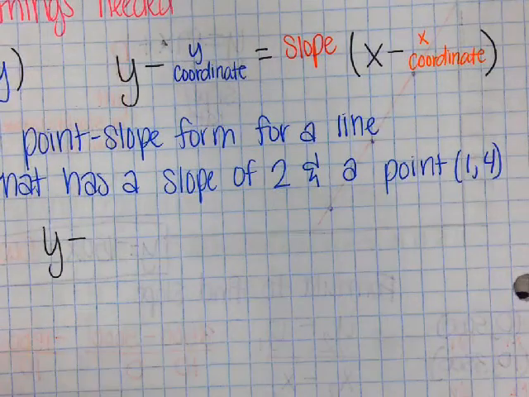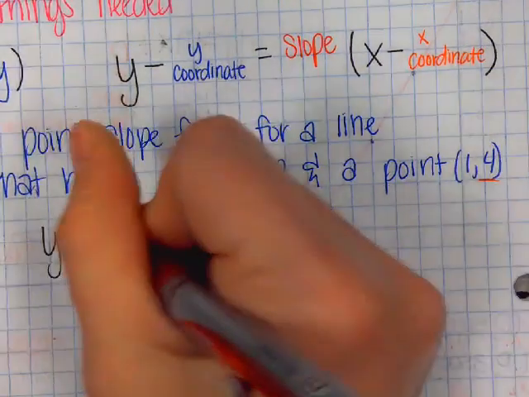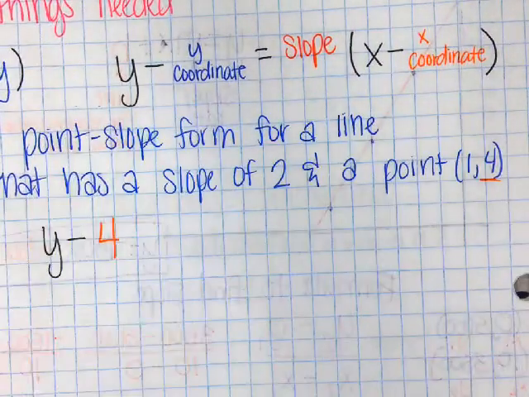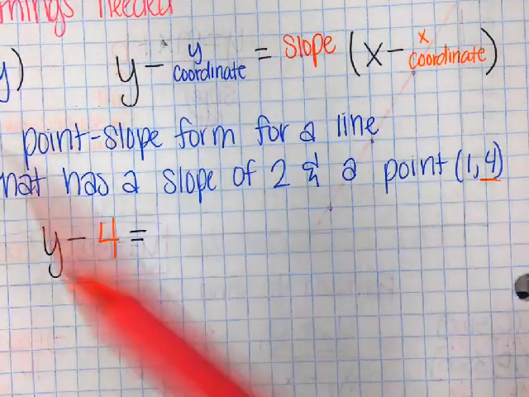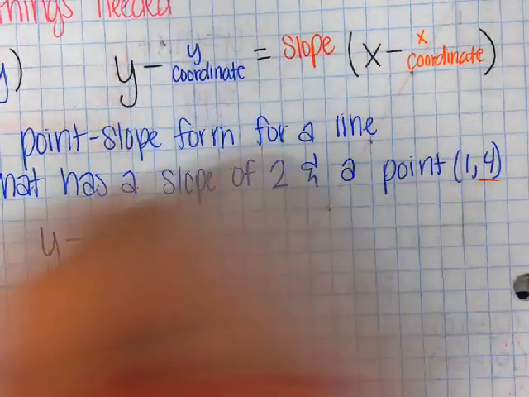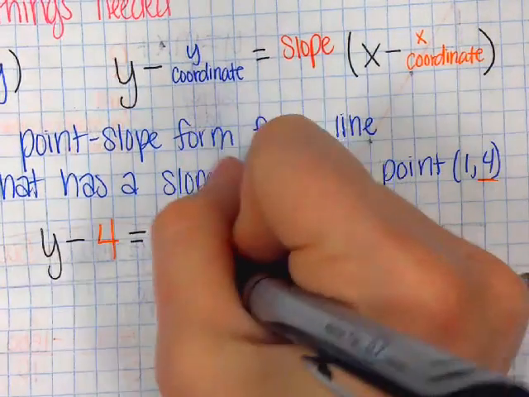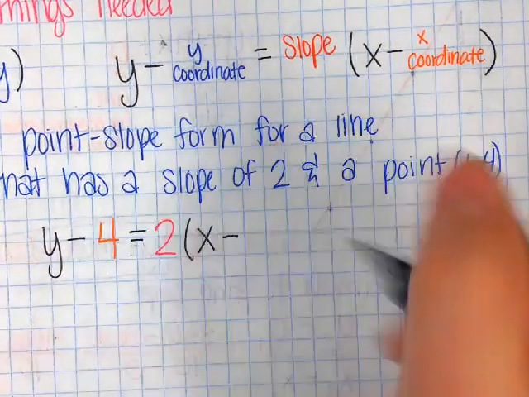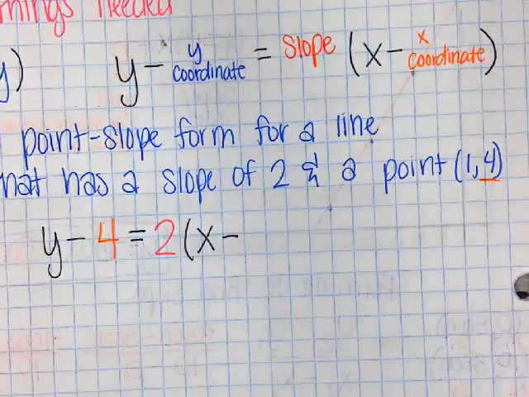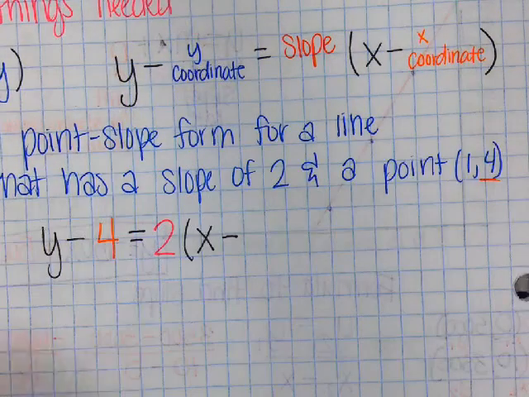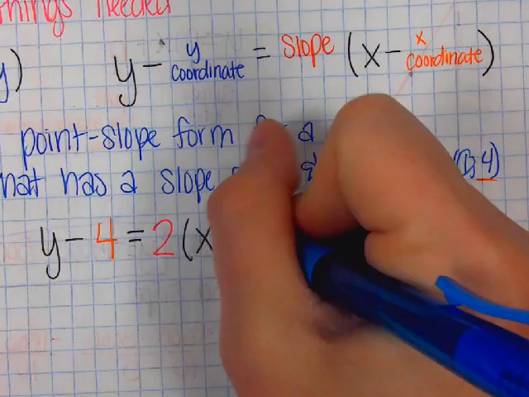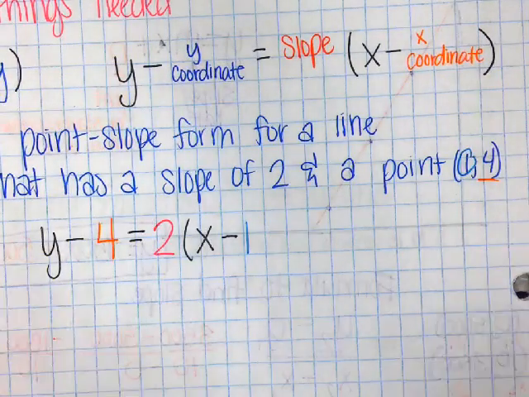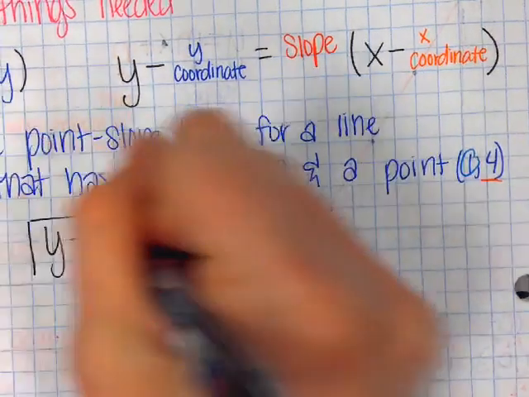The y coordinate of that point is 4, so it would be y minus 4 equals, it says the slope is 2, so I'm going to do 2, parentheses x minus the x coordinate, which is, sorry, I can't figure out what color I want, 1. So that is the point slope form.